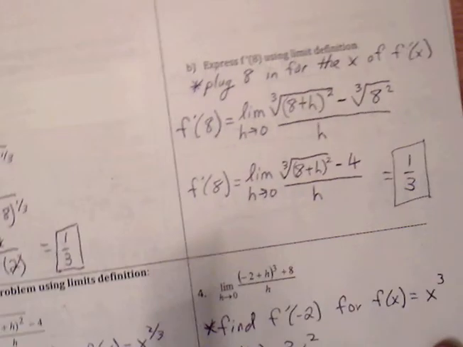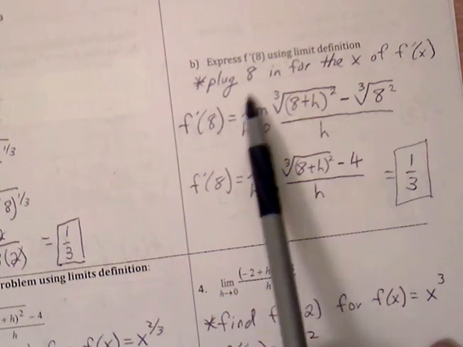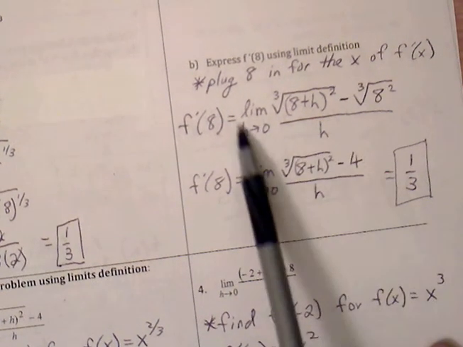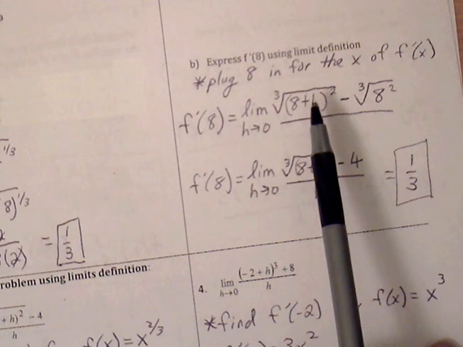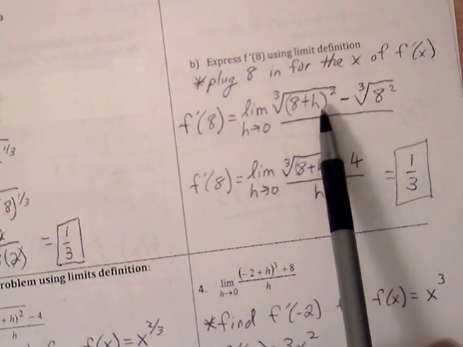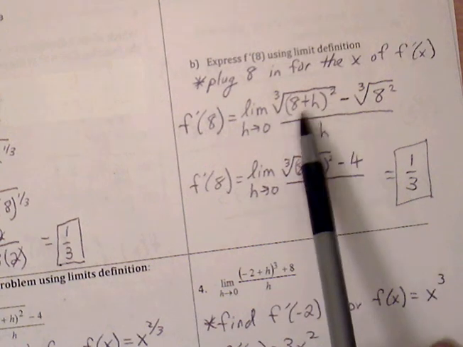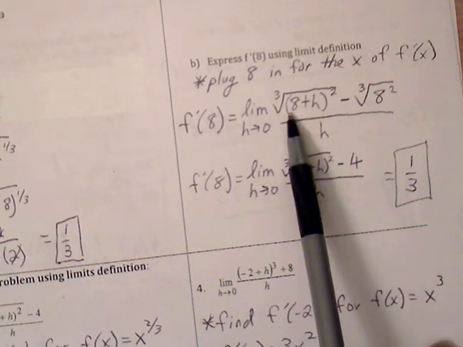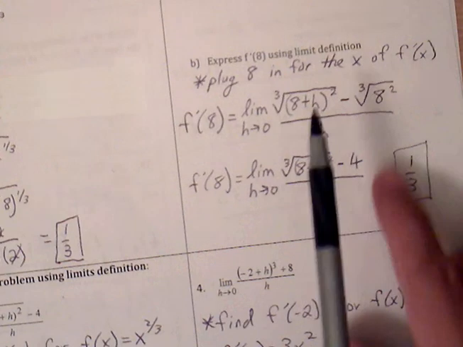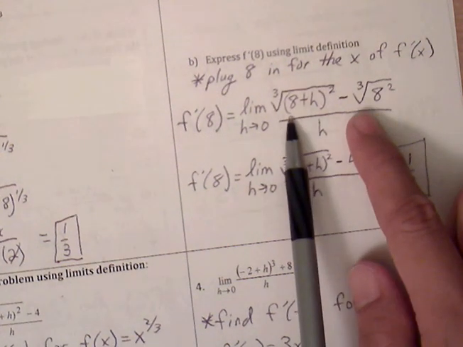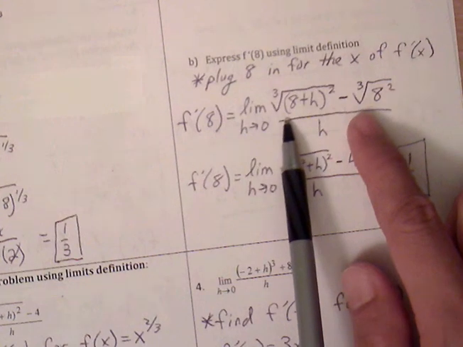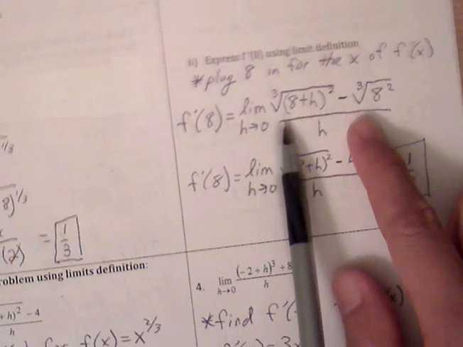So the big idea is, can we look at this notation and recognize that this is asking us to find the derivative for a specific function at x equals 8? So we're going to see if we can start at this point and work backwards to identify where the original function came from. So that's what we're going to do with number 3.